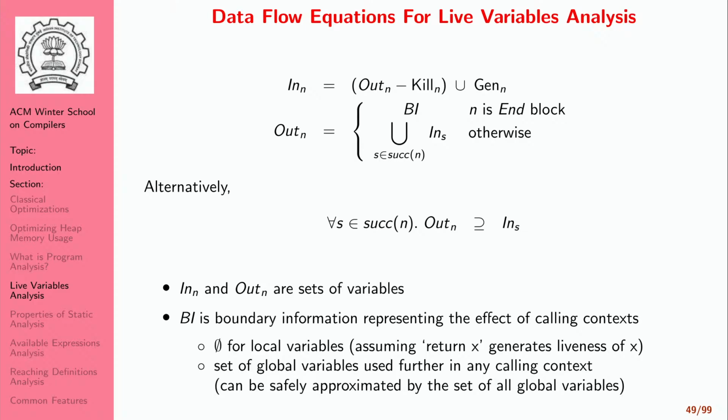For global variables, we have to do something. That's a part of interprocedural analysis, which we will not be able to cover. So for local variables, we will assume phi, no variable is live at the end of the procedure. So this is how we write the equations. These are called data flow equations. This is how we write the data flow equations for computing liveness of variables.